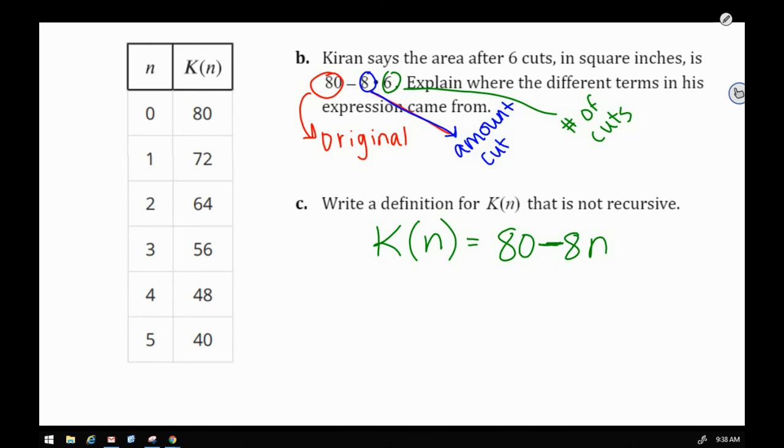Am I going to have an area of negative 40? No, probably not. Robert, why did you say 10? Because 8 times 10 is 80 and 80 minus 80 is 0. So can I make it 10 cuts? Well, you could, but it would be 0. So I can only have n values between 0 and 9, because when you make that 10th cut, there's nothing there.